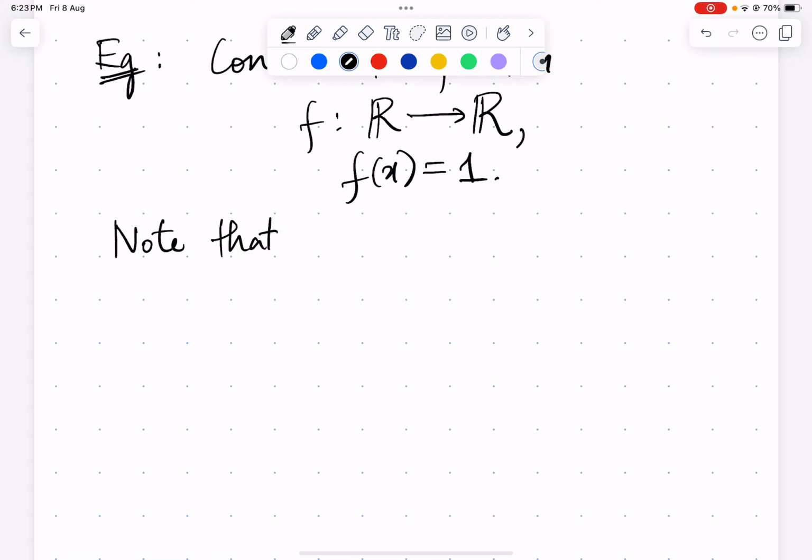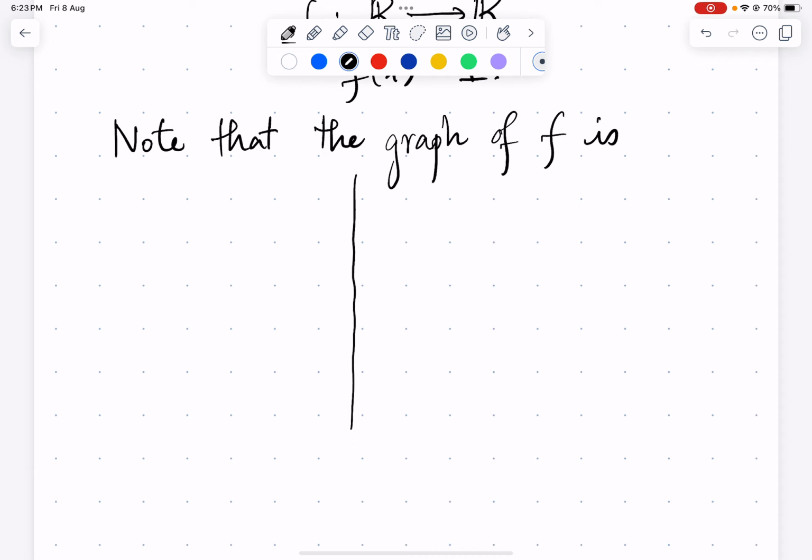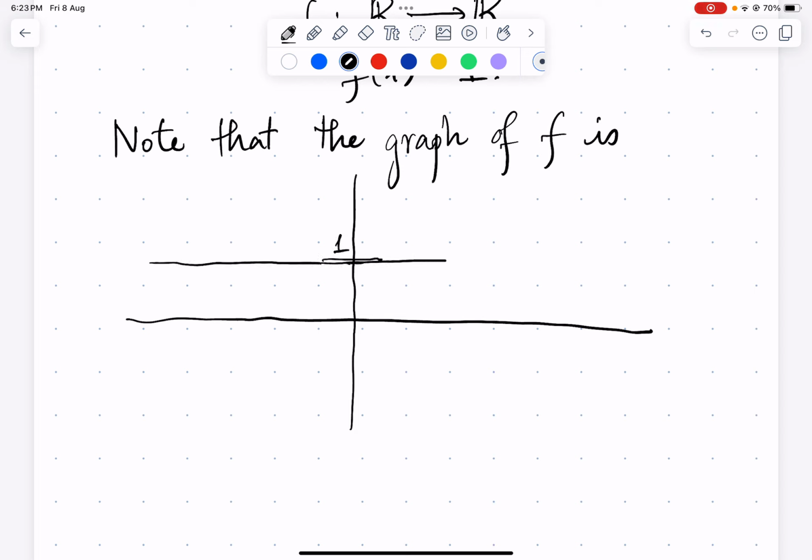And what is the graph of this function? Note that the graph of f is the set of all input output pairs. So for every input you are getting the output 1. So a generic point will be x comma 1, a generic input output pair. For example, if you give it input 1, it will still give you 1. If you give it input -1, it will still give you 1, and so on.